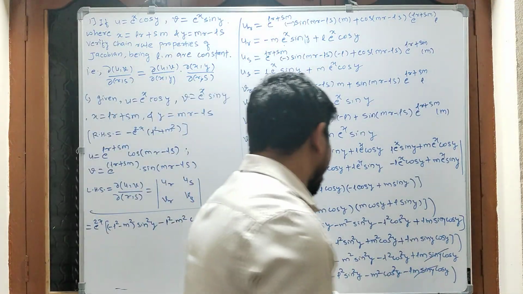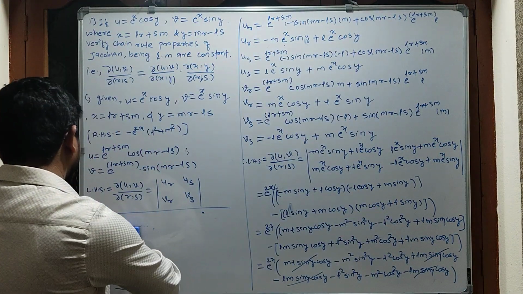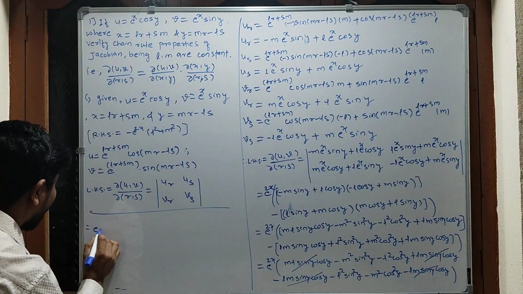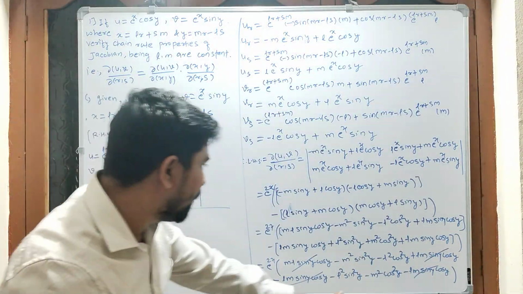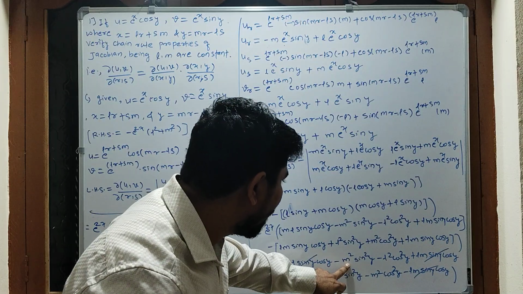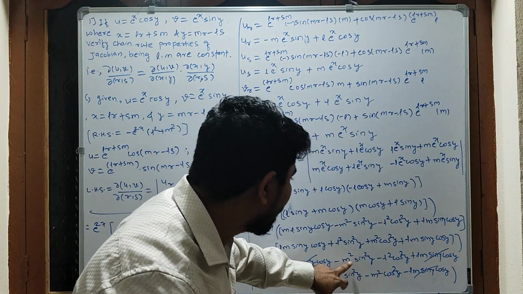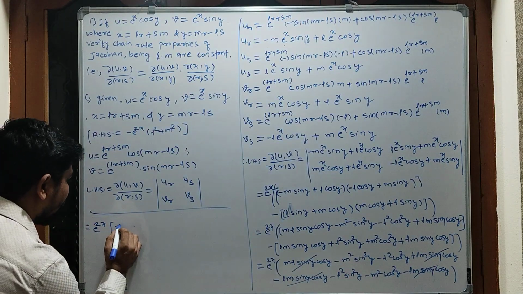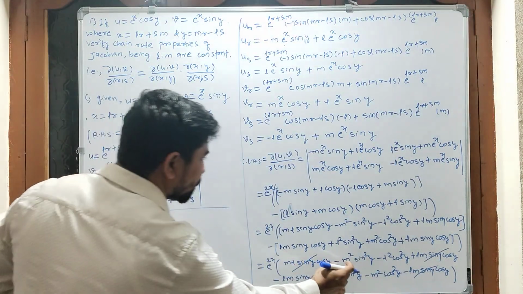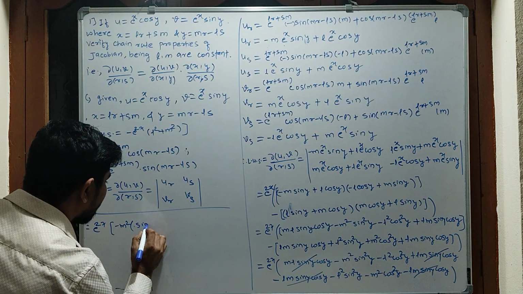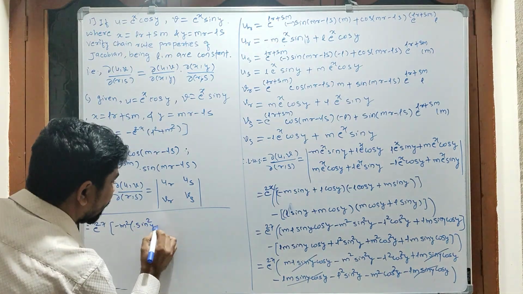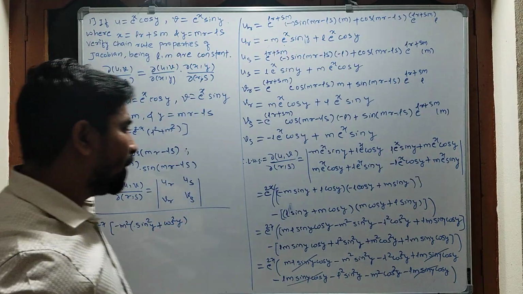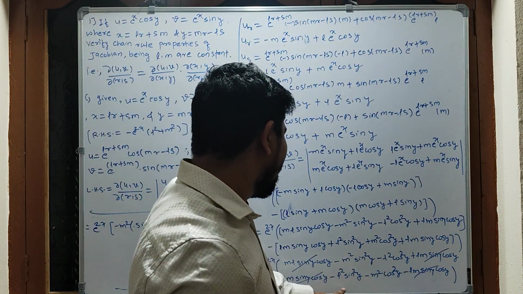Which is equal to e to the power 2x times, and here this is m square, so I will take minus m square common from these two things. If I take minus m square common, this becomes sin square y plus cos square y. Now it's okay. Now I will take minus L square common.